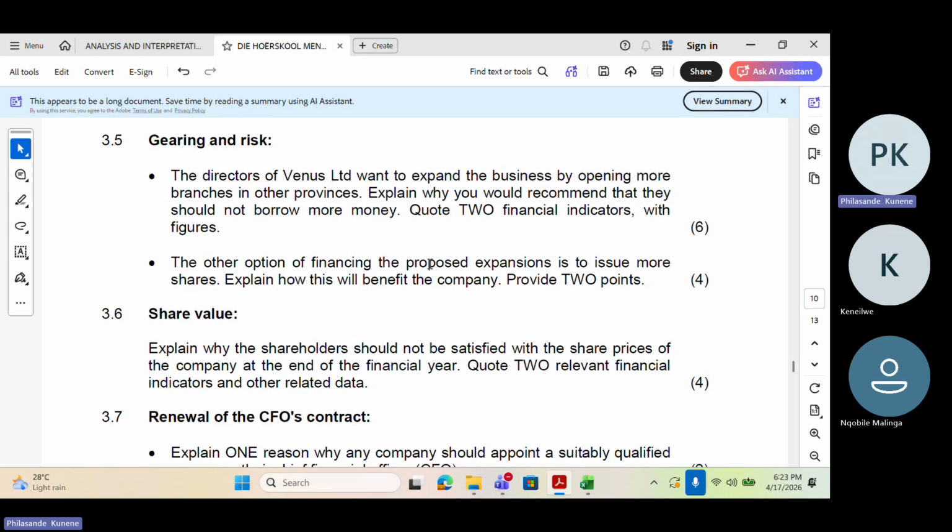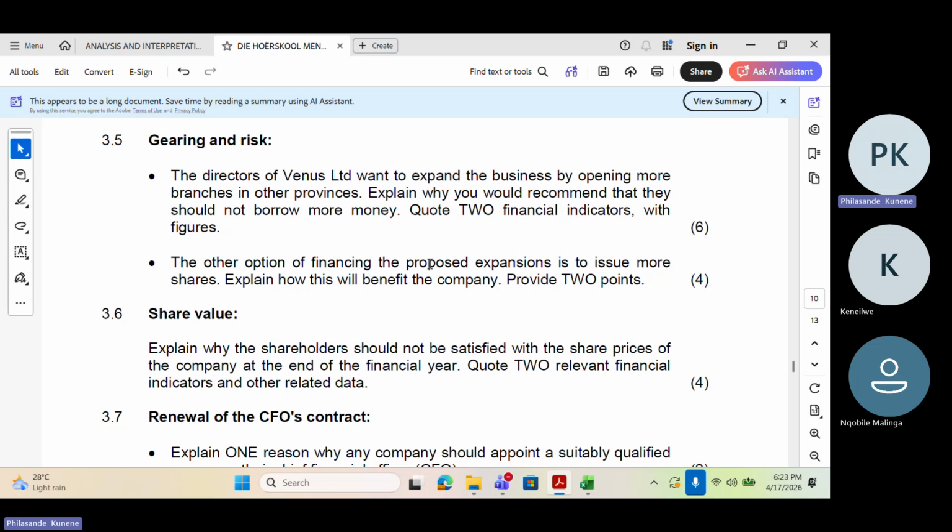Remember, for the company to start, you have two options here. It's either you issue shares or you borrow money, right? But the aim is to make sure that we have less borrowed capital and we have more of equity capital, which is money that comes from our shareholders. That is an intention for all companies to say, let us not borrow more money. Let's rather issue shares, right? So that we know very well that we don't have a risk of paying interest.